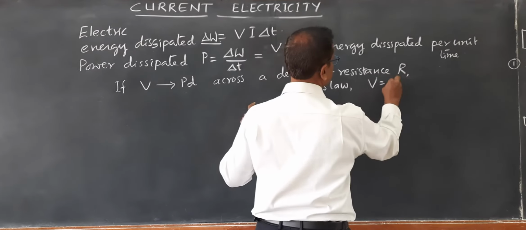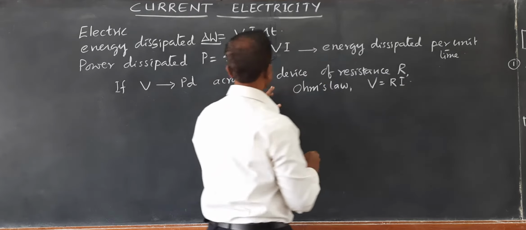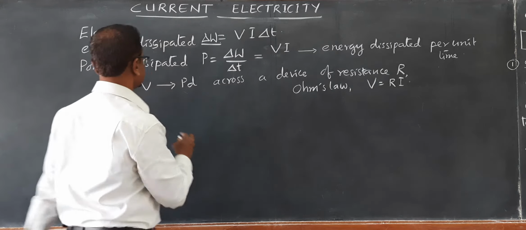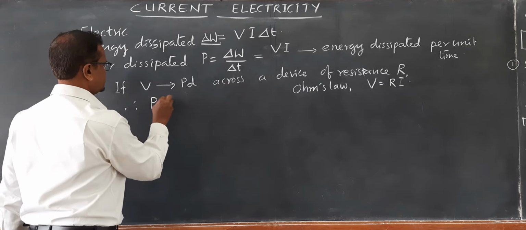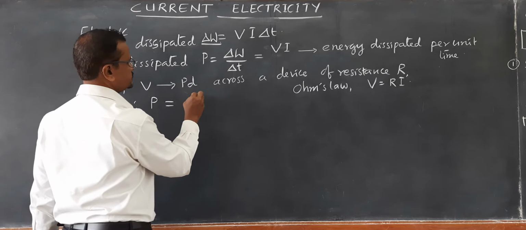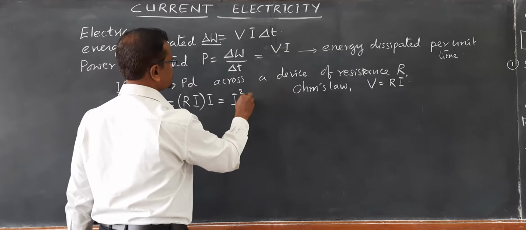V is equal to RI. So, when you substitute in this equation, the power dissipated P becomes equal to RI into I. So, that becomes I square R.